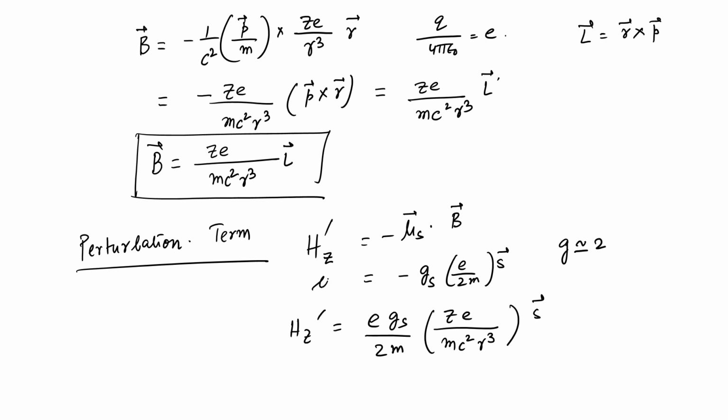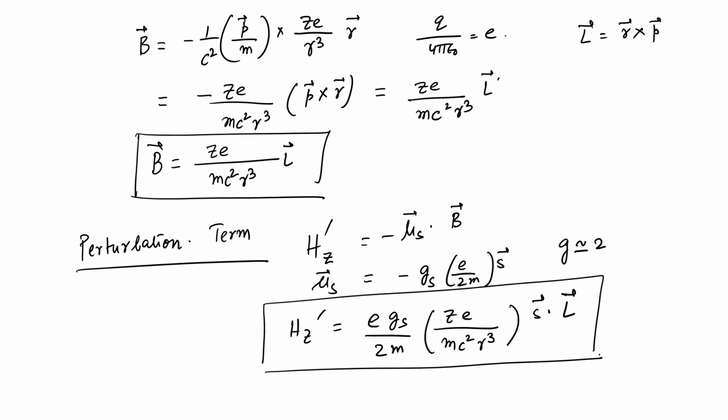Okay. So, this is mu S, sorry about that. So, this is actually mu S. So, it is S dot L, and this is our perturbation term, and we have to do a perturbation theory using the states of the hydrogen atom. But that poses a problem, and we are going to talk about the problem in detail. This S dot L term makes some of the quantum numbers that we are familiar with in this notation of n l.